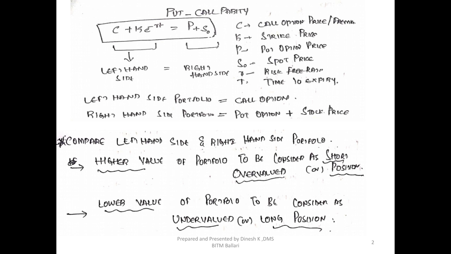The portfolio with the higher value should be considered overvalued, and we should take the short position. If the portfolio has a lower value, that portfolio is considered undervalued and you need to take a long position on that portfolio. This is how the put call parity works.